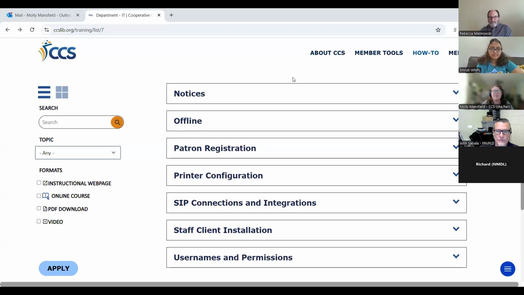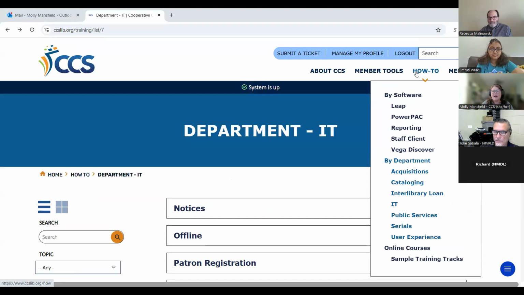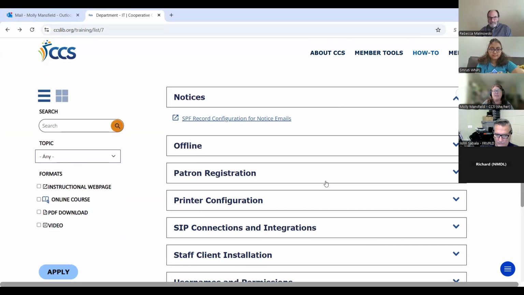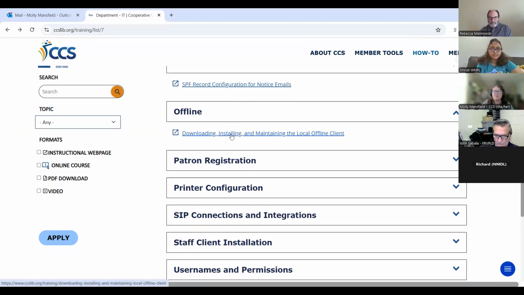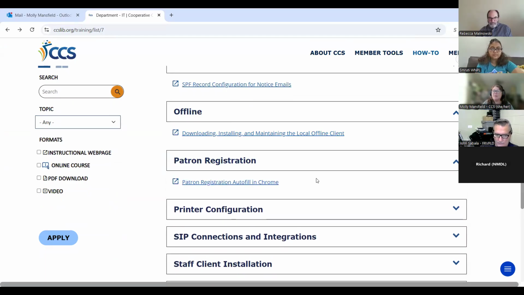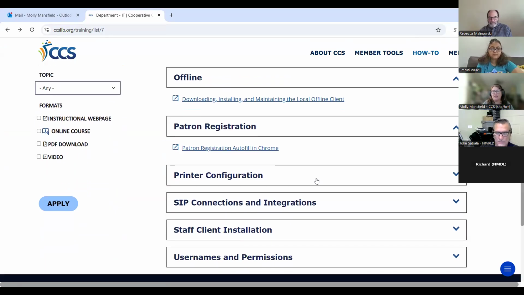So this is where if you go onto the website under How To and go down to IT, it takes you to this page. Right now you can see we have some information about email notification, how to work in the offline client, including downloading and installing, a little bit of information about patron registration that I currently kept on there because if you have Chrome and you have autofill set on your computers, especially the staff computers, they're going to have some issues with patron registration because there's going to be some autofill that's going to happen.